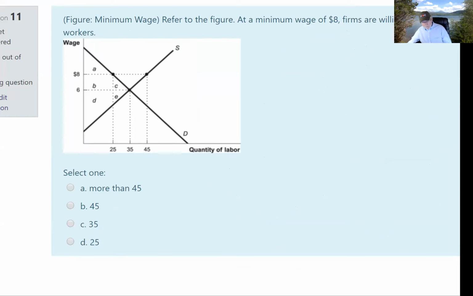Minimum wage. At a minimum wage of $8, firms are willing to hire how many workers? Okay. Look at the graph. Think about what the curves mean. Demand shows you the quantity of labor that employers will demand, the number of workers they will hire at different wage rates.